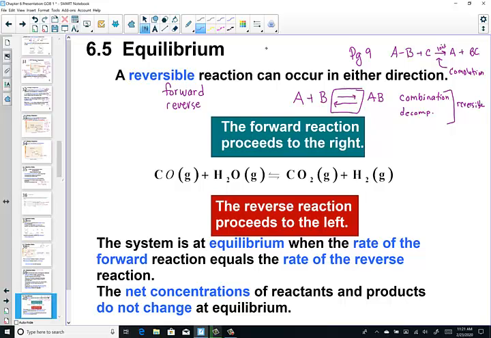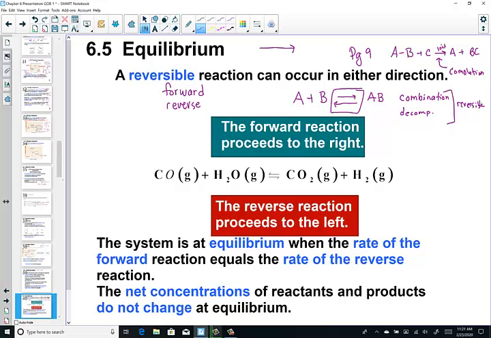If I see just an arrow pointing left to right, that represents the reaction goes to completion. But oftentimes reactions compete both in the forward and in the reverse direction, and we'll use a double-headed arrow, one pointing to the right and one pointing back to the left. So for example, here's an example of a reversible reaction.